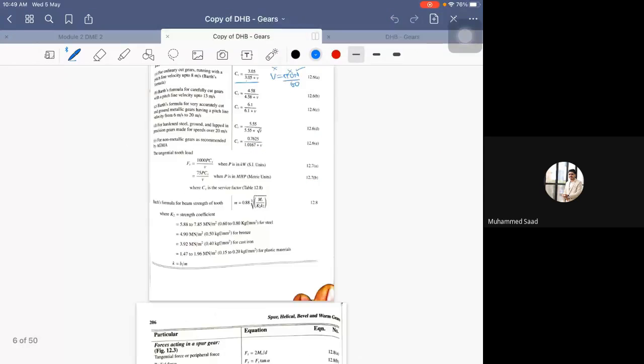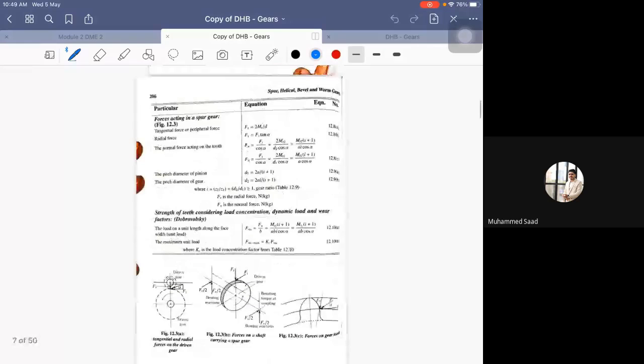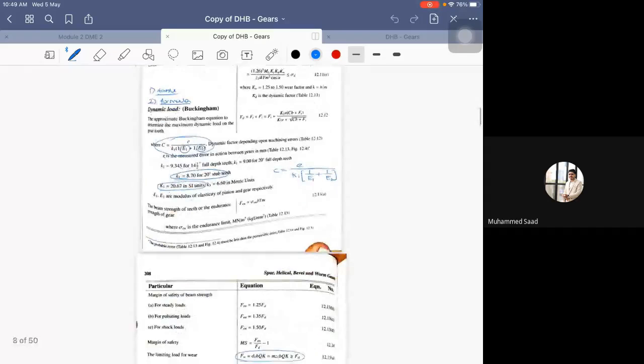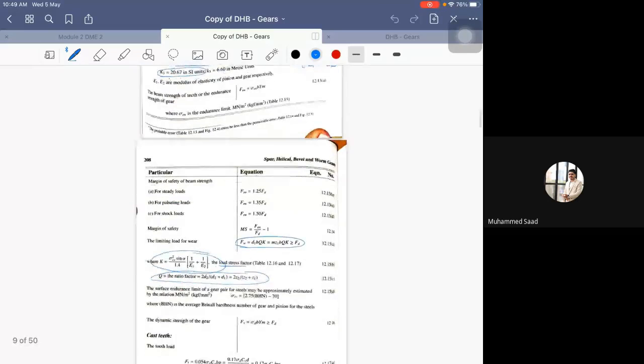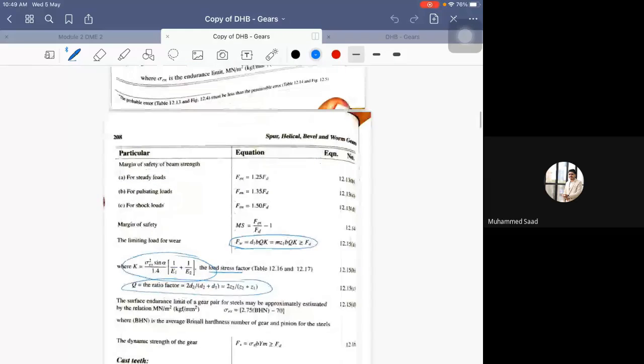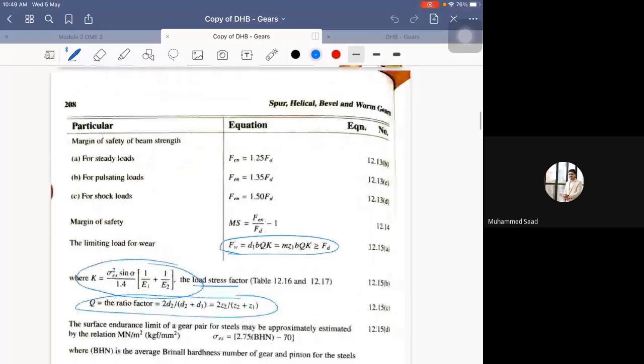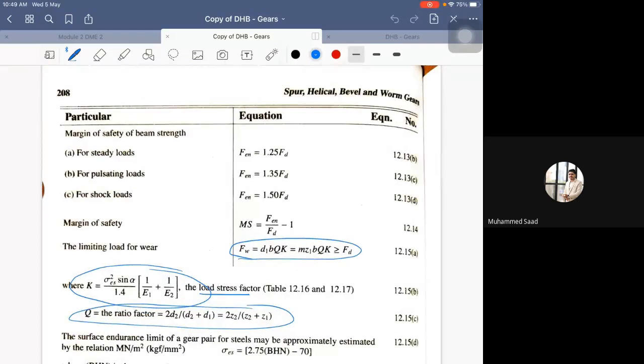Page number 208, very good. FEN, 12.13D. Okay, it is 1.5 times of this. FD he has directly given for shock load and the data quality. He has mentioned a medium shock, isn't it? Let us have a check. We'll take that, no issue.